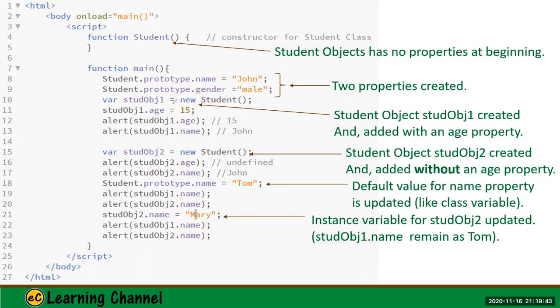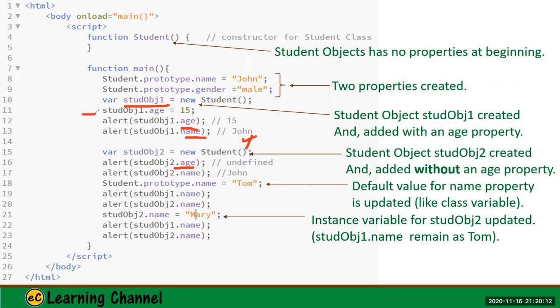Okay, and then I say student object 1 is a new object, so it has the value like this. Student 2 we create, and for student 2 we try to alert the age and name. So age is undefined because here we do not put it there, right?